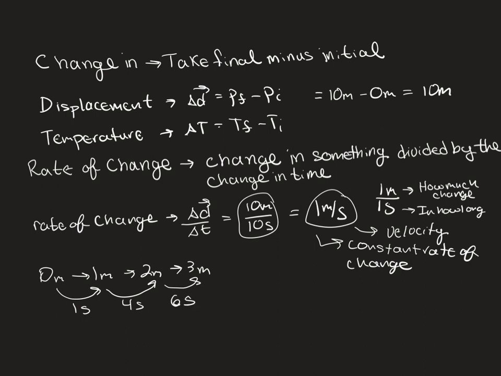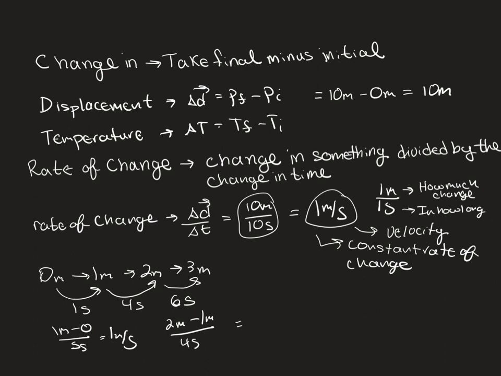Here, we're doing 1 minus 0 over 1 second, giving us 1. But in the next step, we're going from 1 meter to 2 meters, so we're going to take 2 minus 1, but we're doing that within 4 seconds.